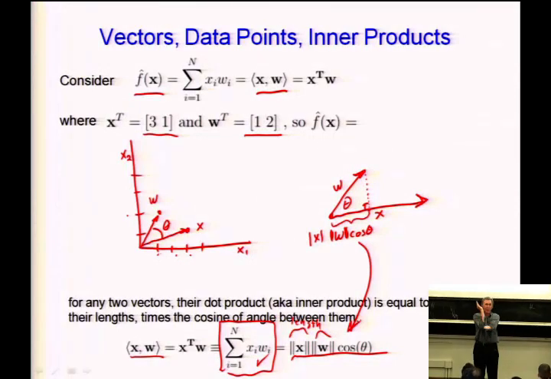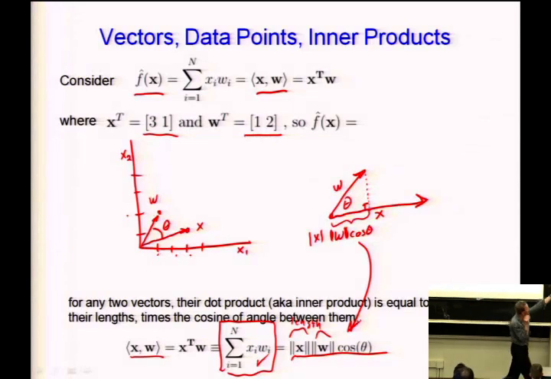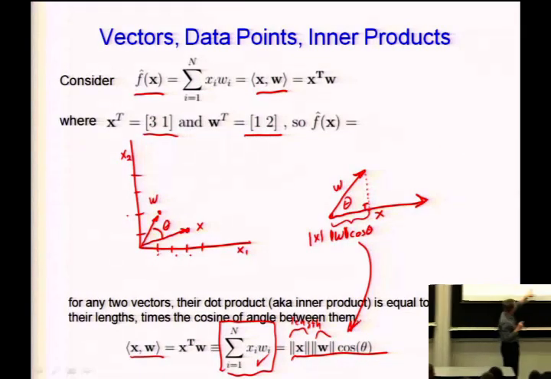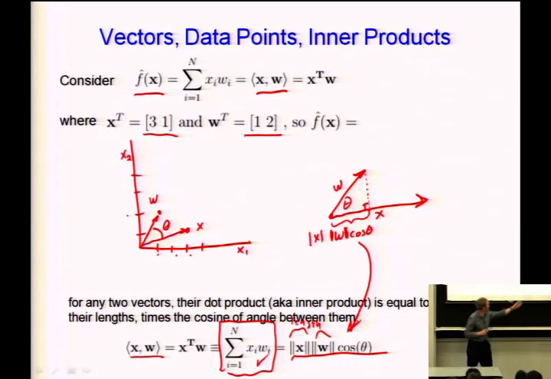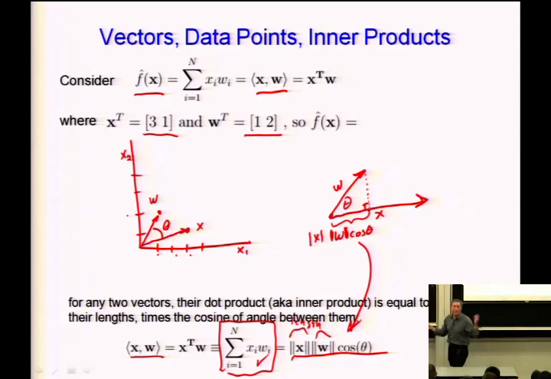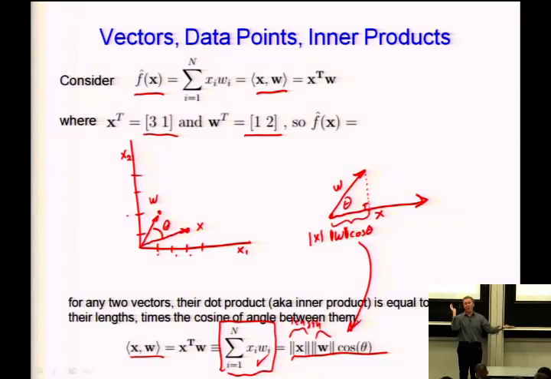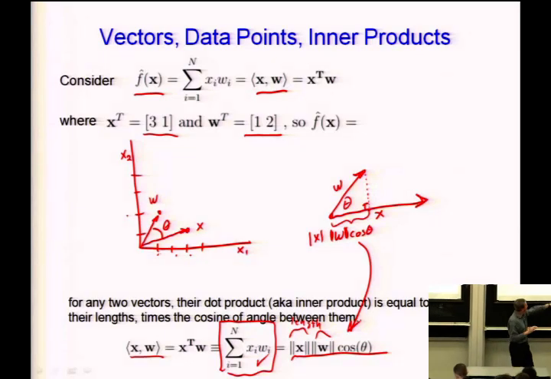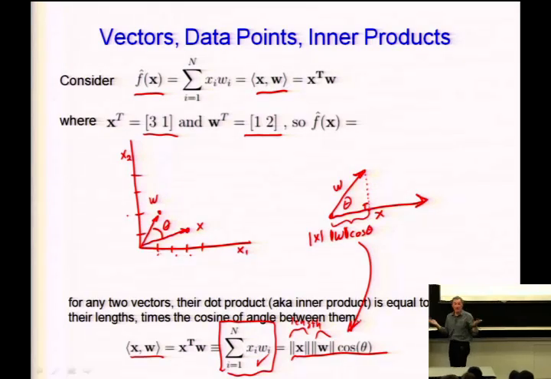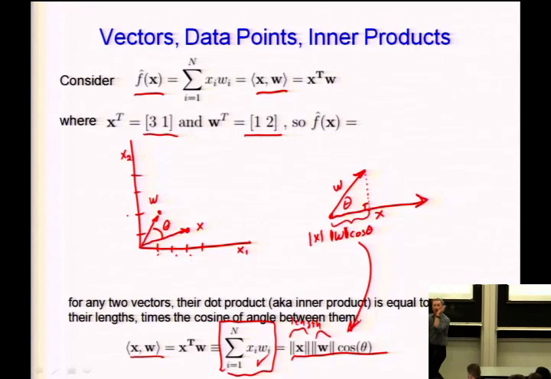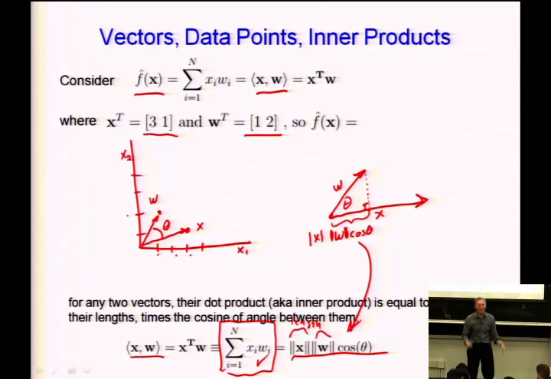Rotate w until it's perpendicular to x. Now, obviously, w cosine theta is going to be 0. How would I rotate them to give them the maximum dot product without changing their length? Just make them collinear, in which case cosine theta is 1, and it's just the product of the length of the two vectors. And everything in between is something in between.